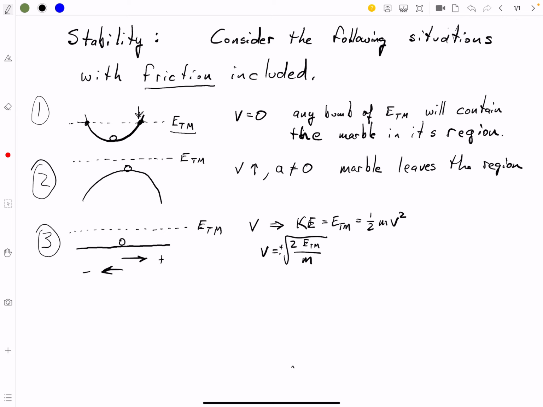So that's our third. So there are names for these guys. The name for number 1 is stable. So we're talking about stability here, so that makes sense, but it's stable equilibrium.